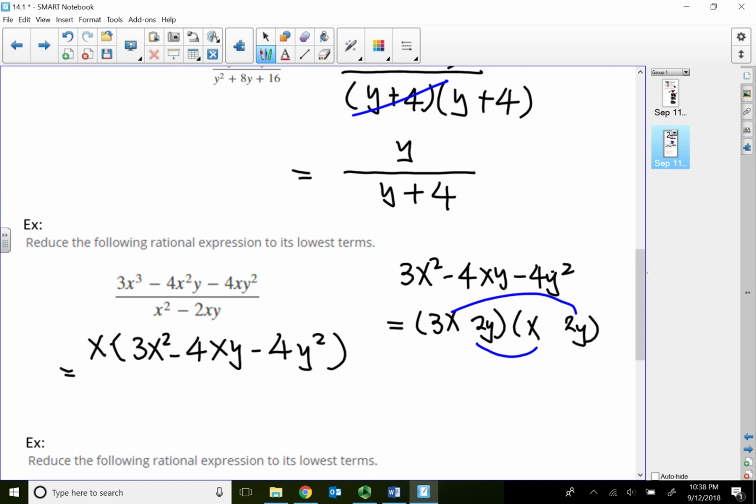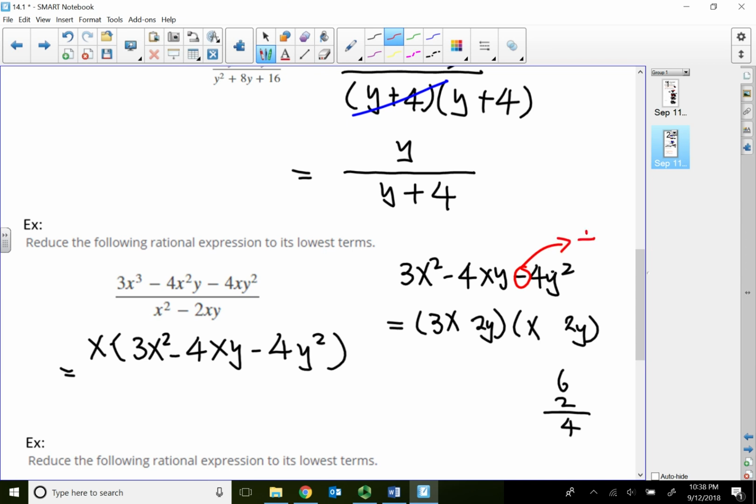My inner is 2. 6 and 2 combined will give me a 4 in the middle if I subtract. When the last sign is negative, the choice for the sign is one positive, one negative. Since I need a negative 4 in the middle, I will need a negative 6 and a positive 2 in the inner. So my outer needs to be a negative 6, by 3x times negative 2y. So the other one is going to be positive.